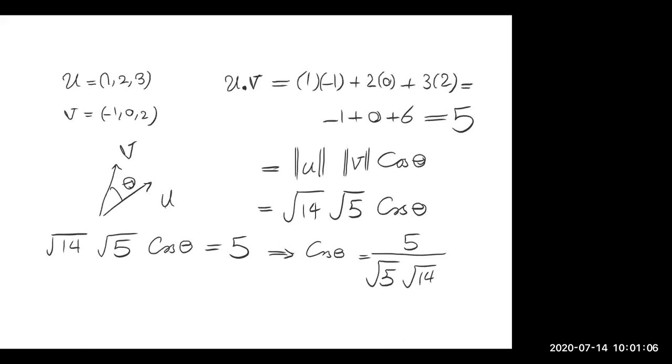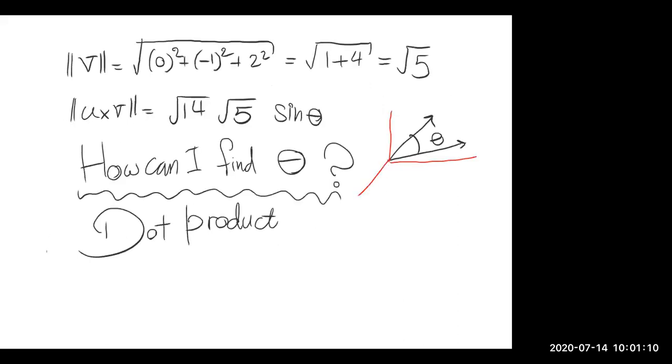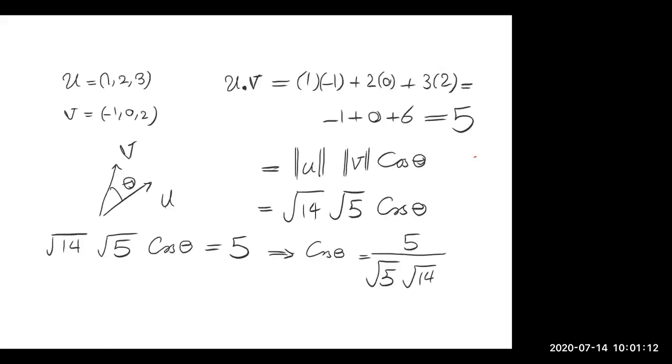Did I make a mistake? Oh, 0 minus 1, 2. Thank you. There is a typo here. 0 minus 1, 2. So here it would be 0, and here minus 1. Zero times 1, 2 times minus 1.